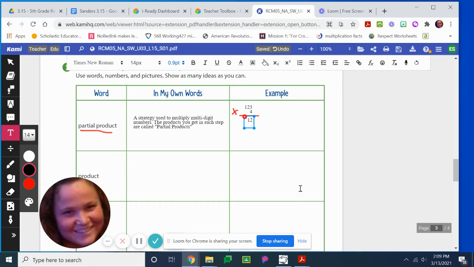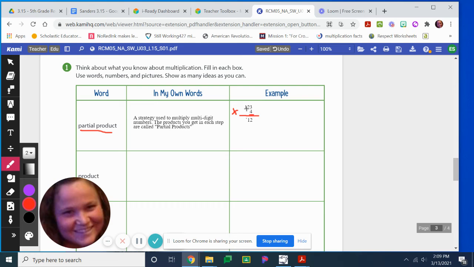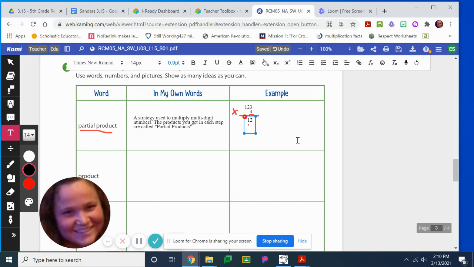My next partial product is 4 1s times 2 10s. So that would be the same thing as 4 times 20. So that's 80. My next one would be 80.